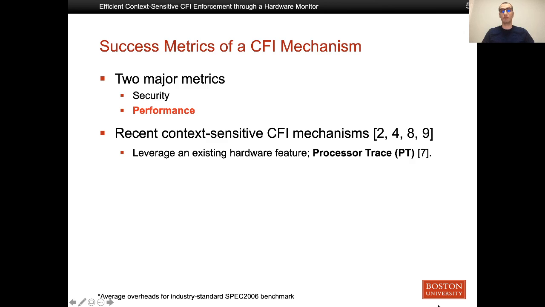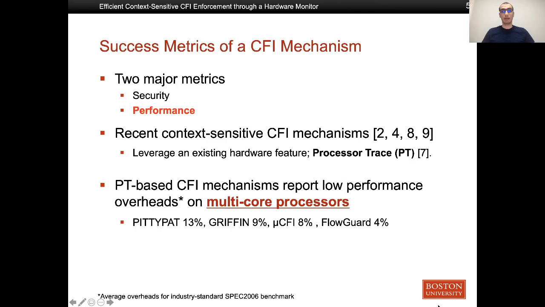This hardware feature is called processor trace. Several PT-based CFI mechanisms reported low performance overhead on multi-core processors when measuring the industry standard SPEC 2006 benchmarks, and overall the average overheads are around 10%.